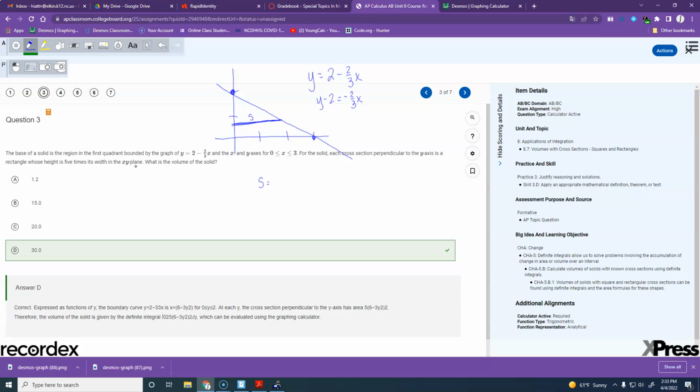We would divide by negative 2/3, which is going to be the same as multiplying by negative 3/2. And so we would get negative 3/2 y plus 3 would be our x.